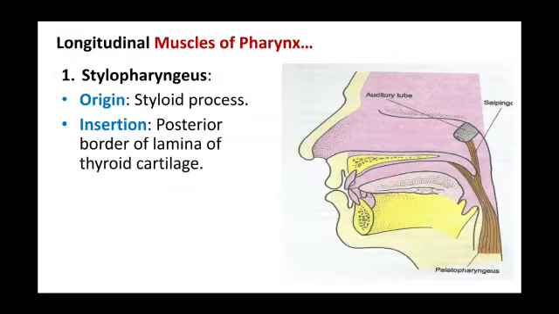So coming to the longitudinal muscles, we have the stylopharyngeus. It originates from the styloid process and is inserted to the posterior border of the lamina of the thyroid cartilage.